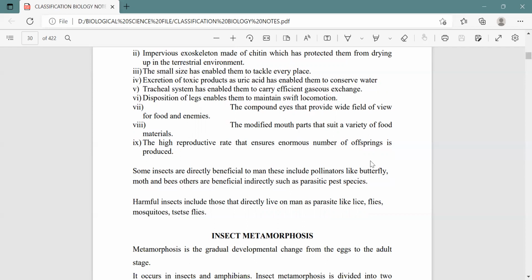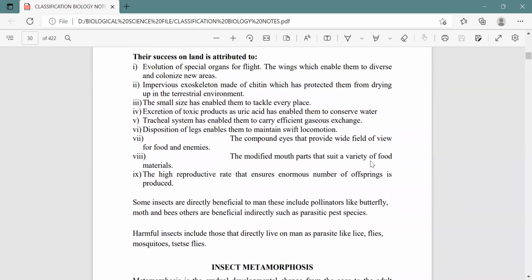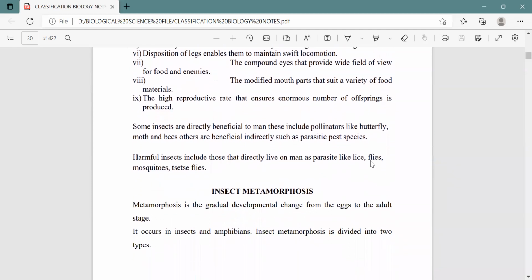You will read on other reasons for the survival of insects on Earth, why insects are the most successful animals on Earth that are found in all habitats, in every environment.